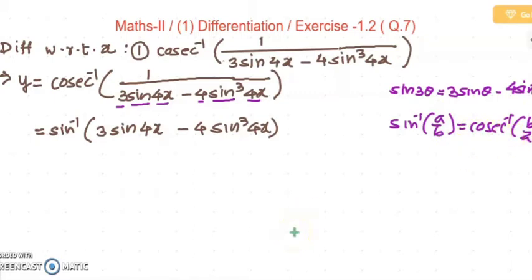So cosec inverse of a upon b can be written as sine inverse of b upon a. Here the denominator will go up and 1 will come down. So we shall use that property.